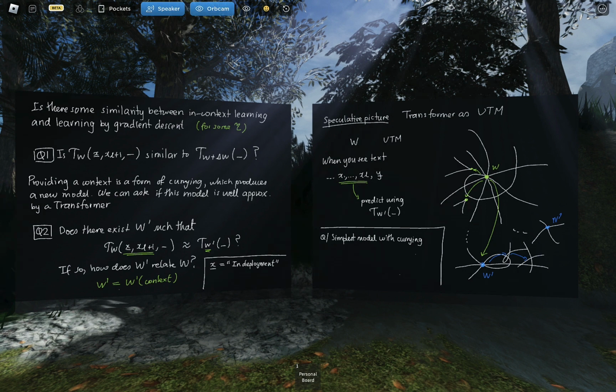I have an interpretation, which is that if we think of learning as just some algorithm that takes in data or training examples to another algorithm that produces predictions given further data, then I'm guessing T_W, the transformer itself, is the learning algorithm.